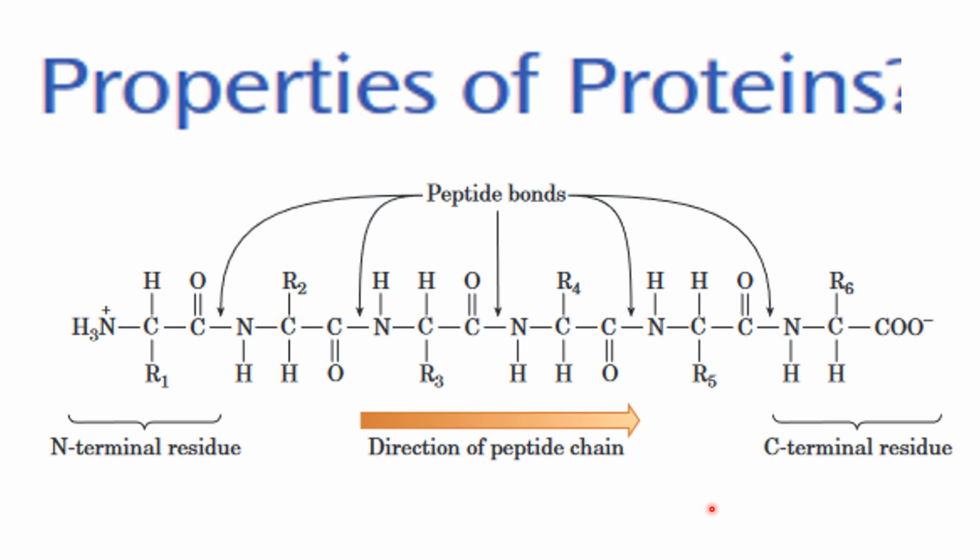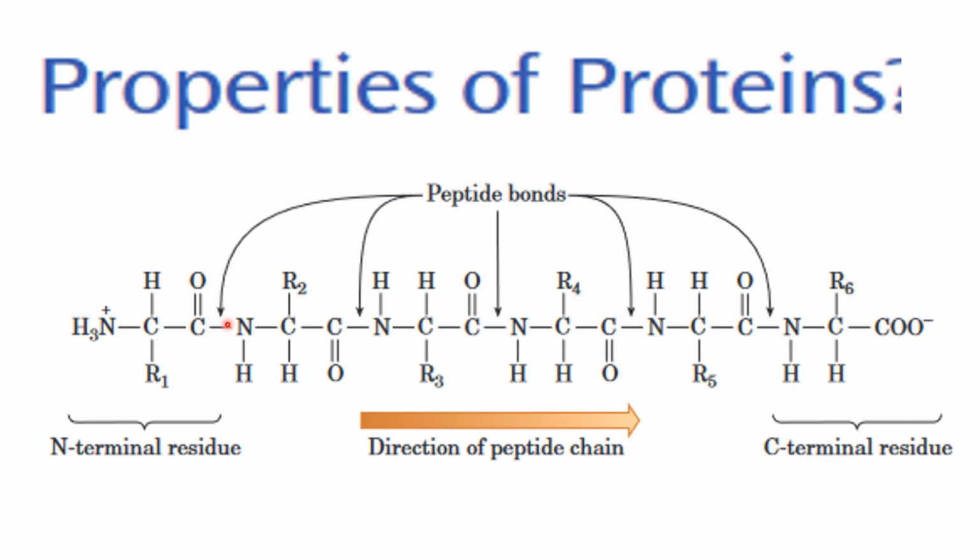The properties of proteins are based on properties of the peptide backbones and properties of the side chains. The peptide backbone consists of the repeating structure shown by the line of atoms in this figure.